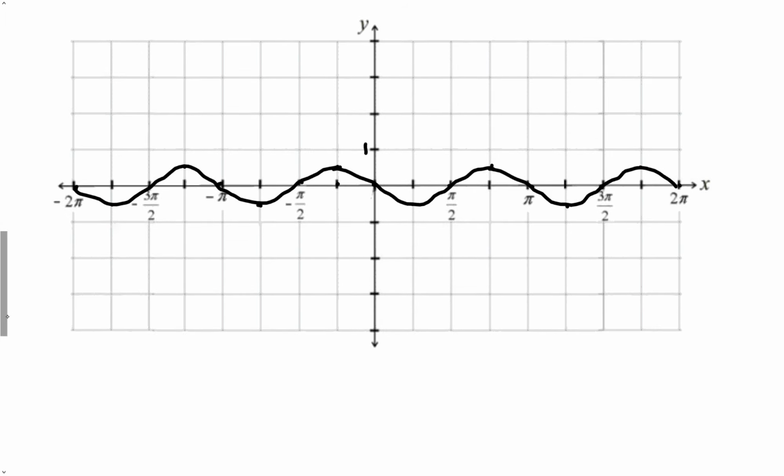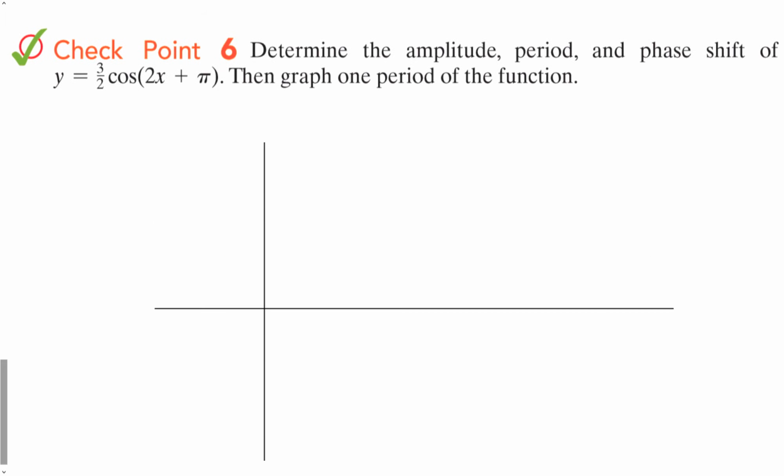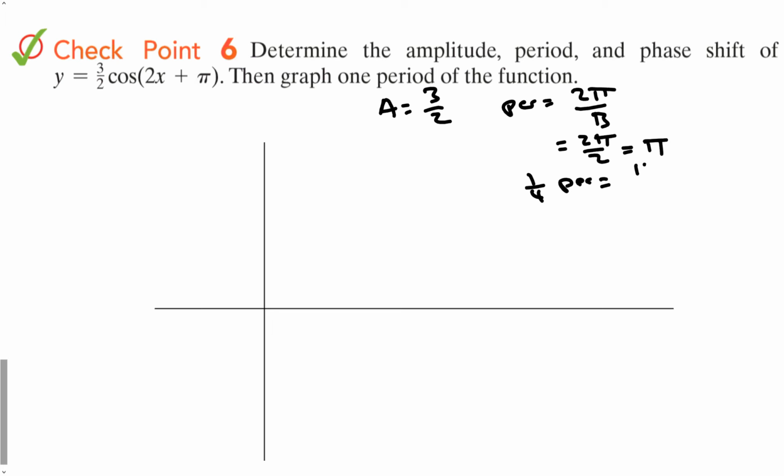Okay? Let's try one more of those with our checkpoint here. And we got a nice plain graph to do right here. So my amplitude is 3 over 2. My period is 2 pi over b, which is 2 pi over 2. So that's pi, making my quarter period pi over 4.